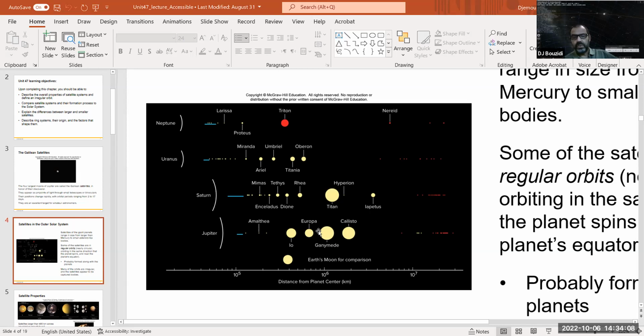Europa is actually an interesting moon also for Jupiter because of the fact that it has a lot of water in its ocean, underneath its crust, and that ocean is a big one, suggesting that probably it's a salty ocean. And you're wondering, how do we know if it's a salty ocean or not?